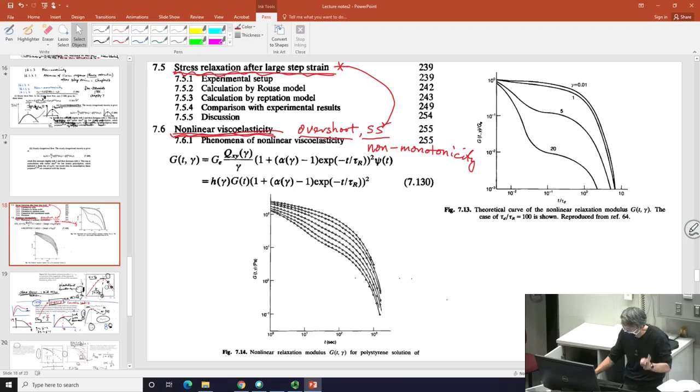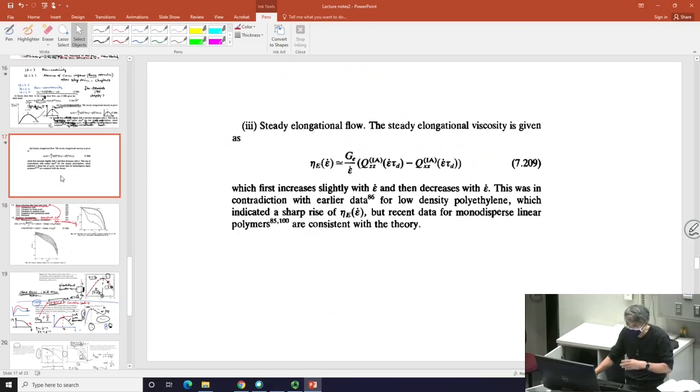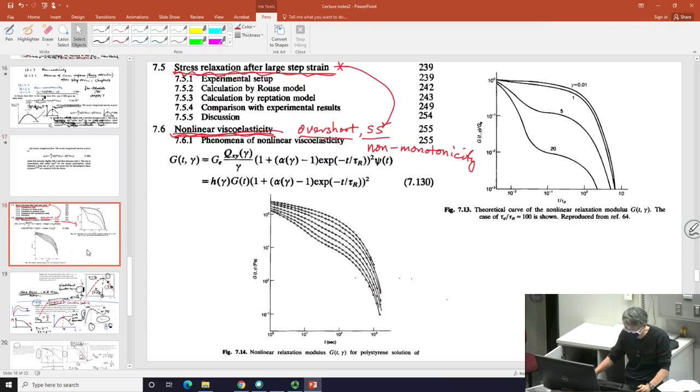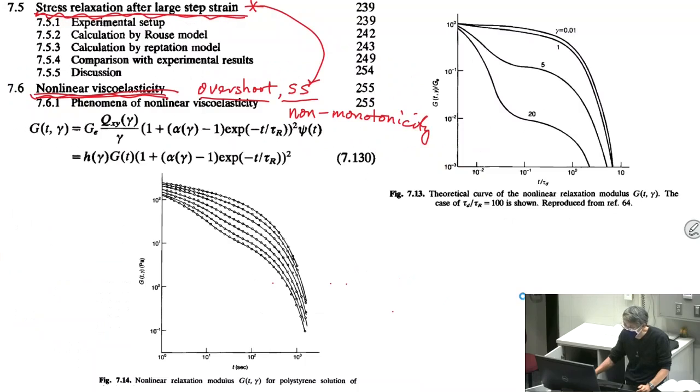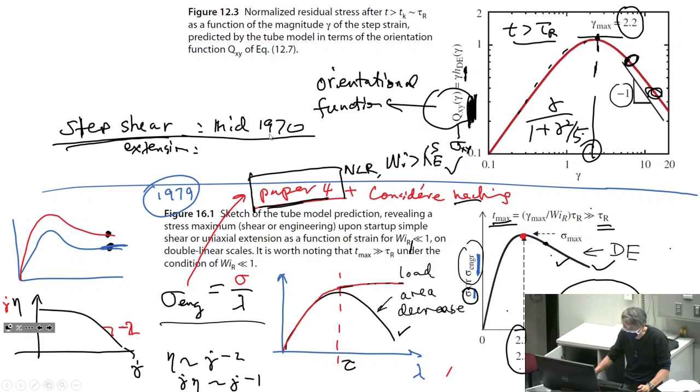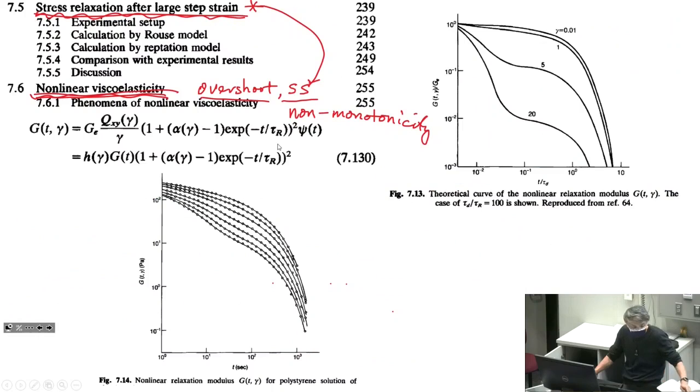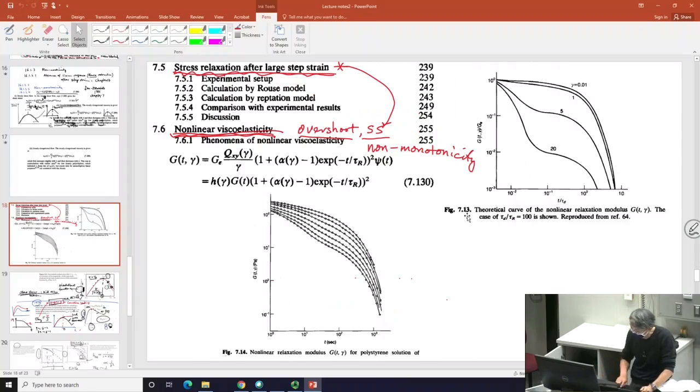So we talked about two non-monotonicity already. I didn't highlight the consideration story that's in the original paper that was not discussed in their book. So let me just go lastly to their discussion of the step extension, which you should be most interested in because we spent a lot of time on this in chapter 12.